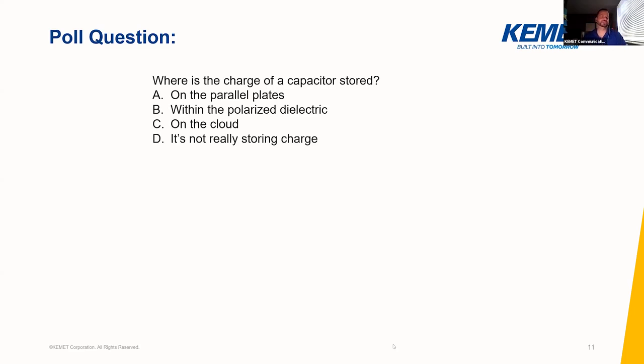I wouldn't say that the people who said it's stored on the parallel plates are wrong in a sense. That is sort of the very beginning of it. But ultimately, a more right answer is it's stored within that polarized dielectric. Once that dielectric becomes polarized, that's essentially what causes this storage and this separation of charge.